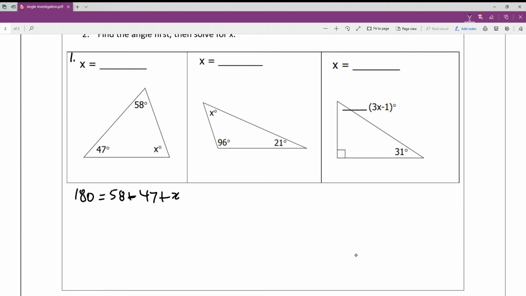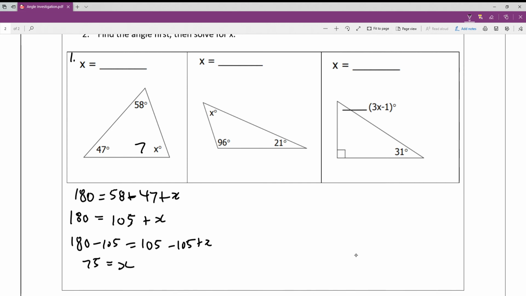And then we can simplify it a bit, which is 105 plus x. And then we could subtract 105 on both sides. So then we end up with 75 on the left side of the equal sign and x on the right side, so x must be 75.